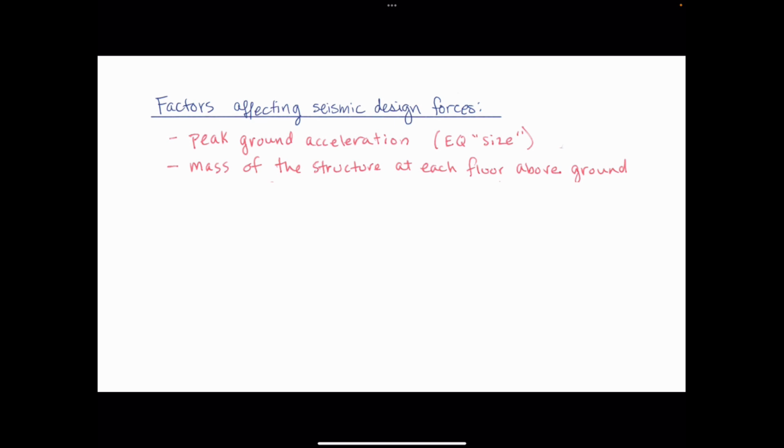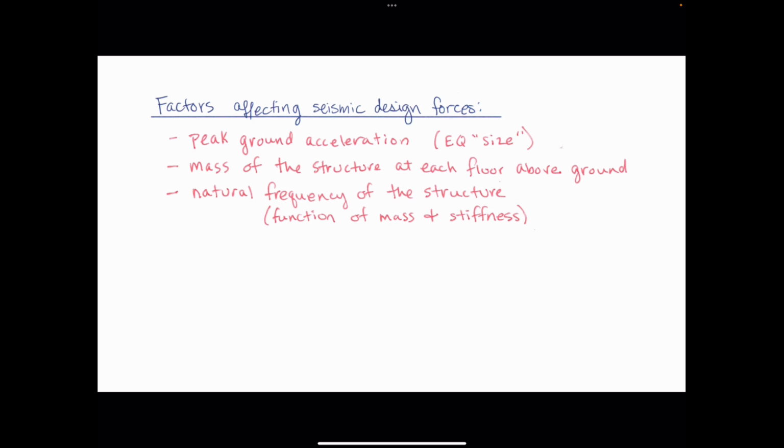And then we need to know the mass of the structure at each floor above the ground. That one's pretty straightforward to figure out. We also need to know the natural frequency of the structure. This is a characteristic that is a function of mass and stiffness. So we call that a dynamic quality of the structure. Mass, again, is pretty easy to figure out. Stiffness, as you are learning with the finite element method, you know how to get that stiffness information.